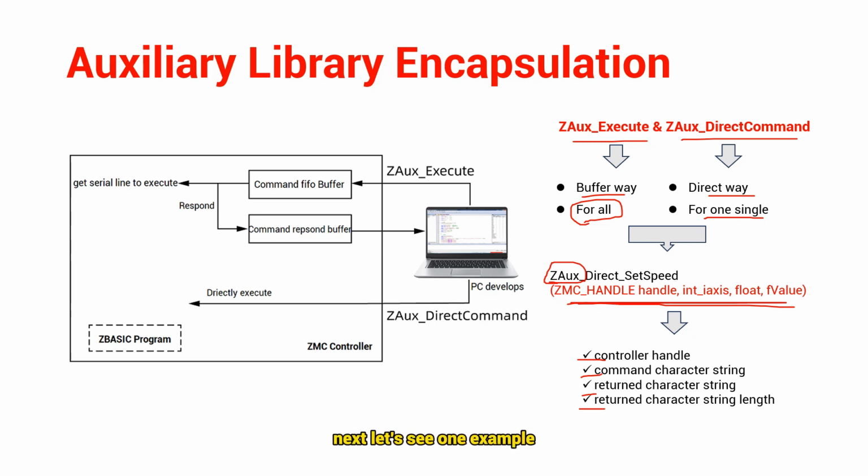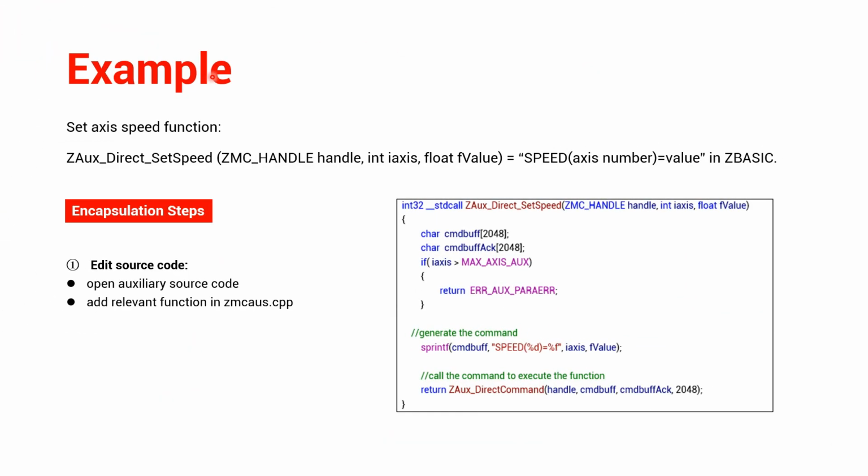Okay, next, let's see one example. Set axis speed is encapsulated in the library. Actually, it is a command character string that equals this. Next, encapsulation steps are shown. Firstly, open the source code of the auxiliary library and add the corresponding function.